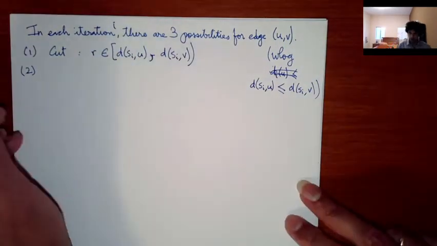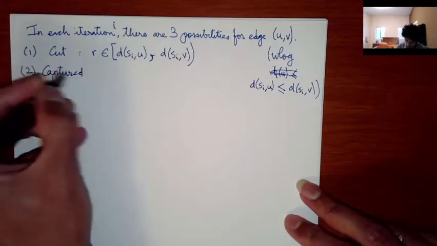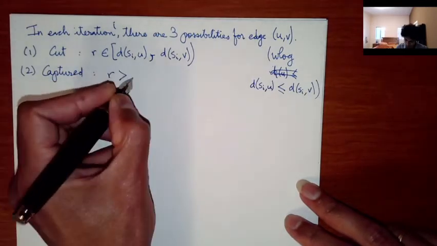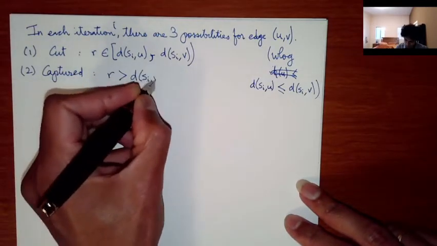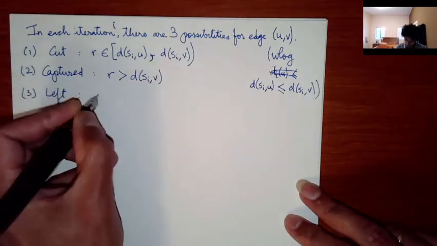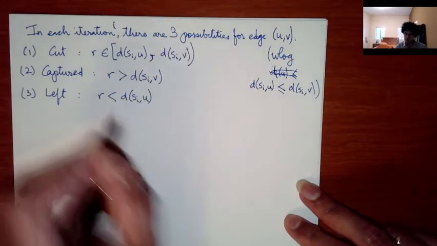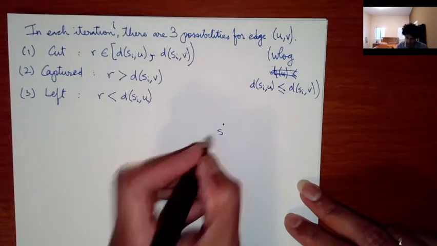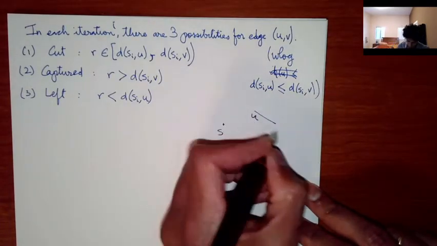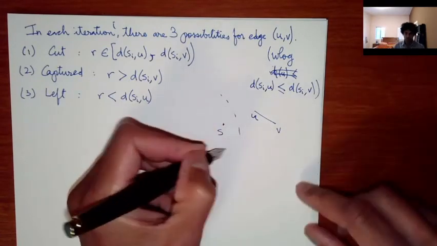The second, and this is interesting, is what I'll call captured. When it's captured, r is actually greater than the distance d_Si(v), and it's left if r was less than the distance d_Si(u). So here's the cartoon picture. Here's S, and here's your edge uv, and your r is like a radius that you're drawing.